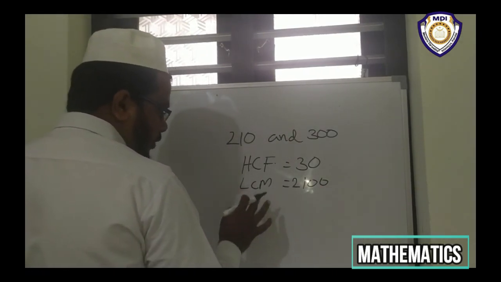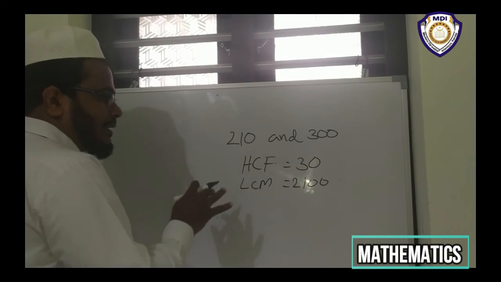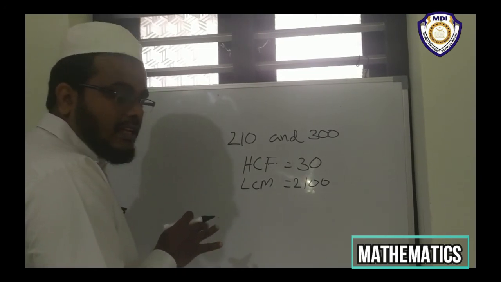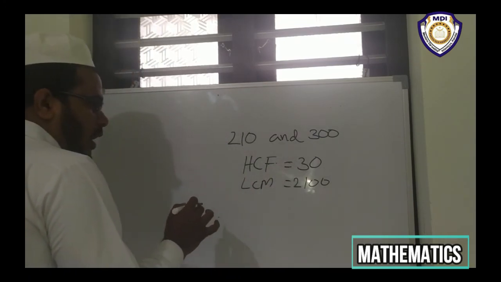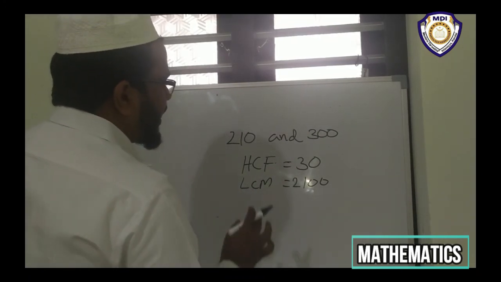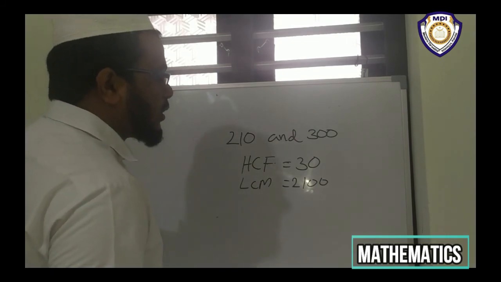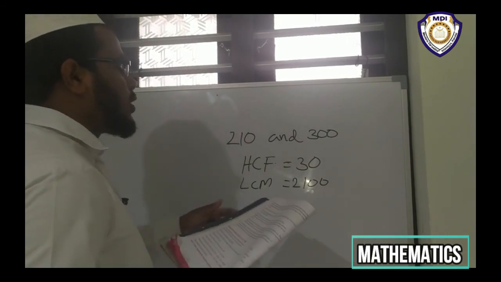Please listen here. You have to find out the LCM and HCF. I just write here because we do not have enough time. Then HCF is 30 and LCM is 2100.